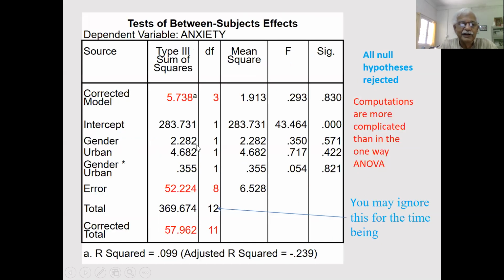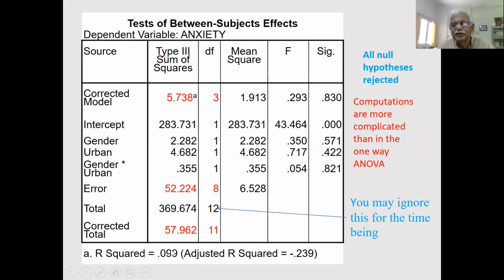While the ANOVA table for 2 independent variables would look like this. Here you have intercept, meaning a constant term, gender, urban rural. Urban stands for urban rural differences. Then there is interaction, gender into urban. Then there is error, which is within, and then there is total and corrected total.